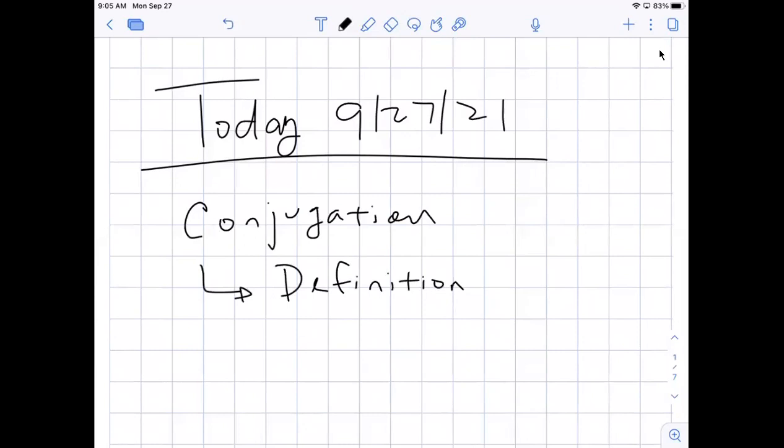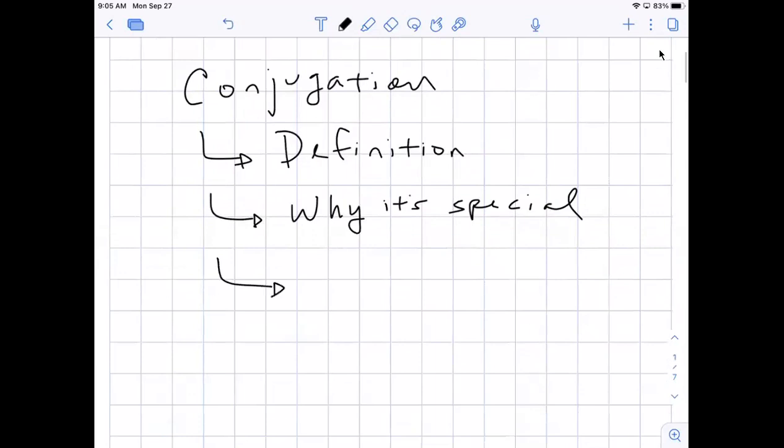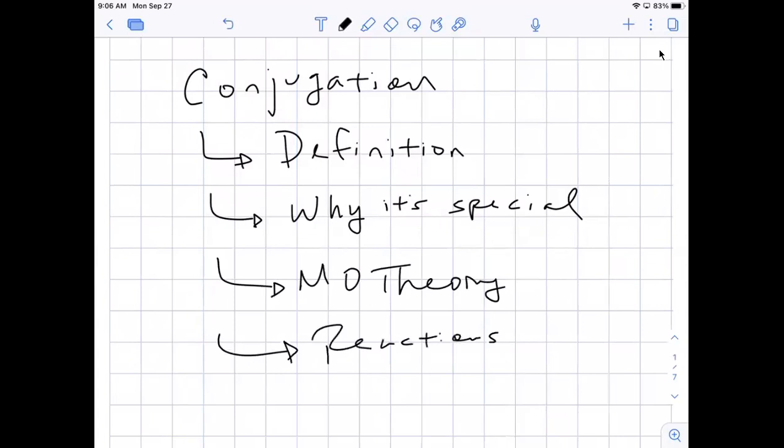So we'll talk about the definition, why it's special, a little bit of molecular orbital theory, and then the reactions of conjugated dienes.